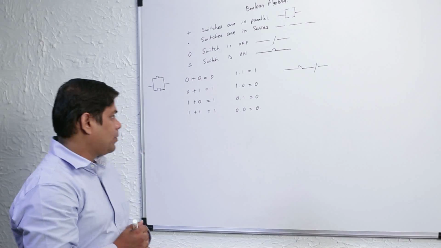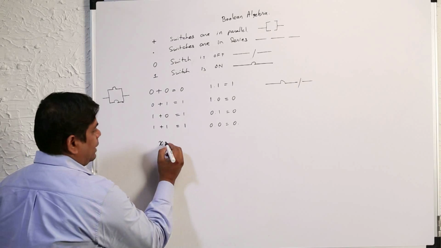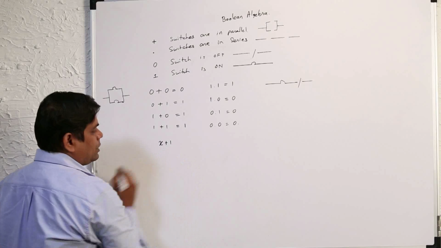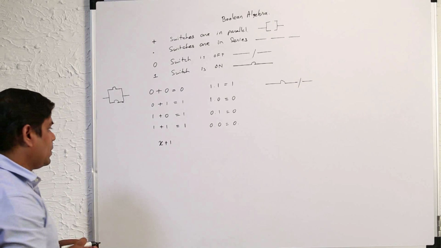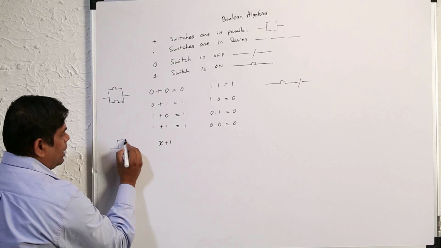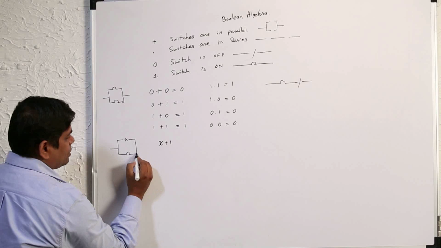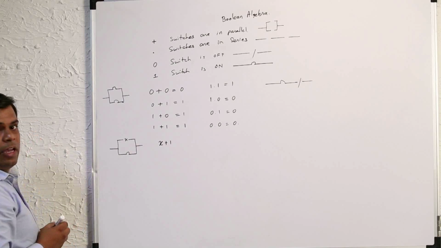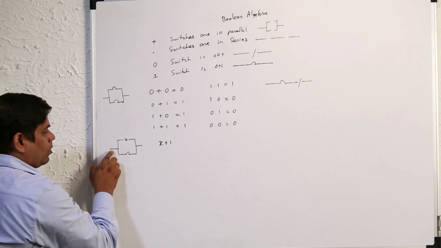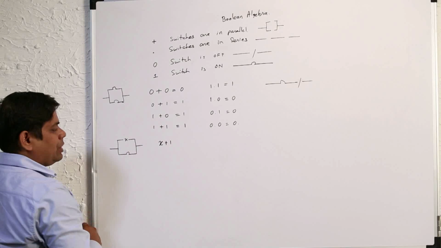For example, if I have a variable switch x connected to an on switch in parallel, let us see how this is going to work. If you supply current here, irrespective of the state of x, current is always going to reach here.